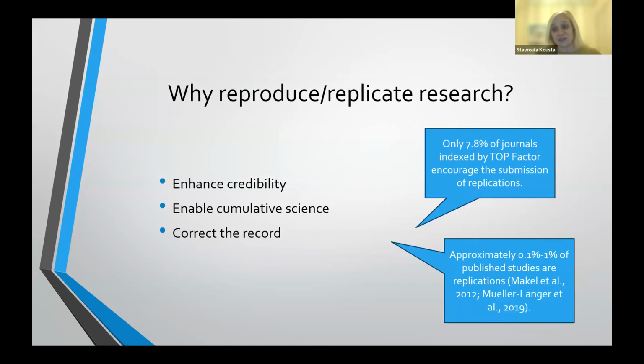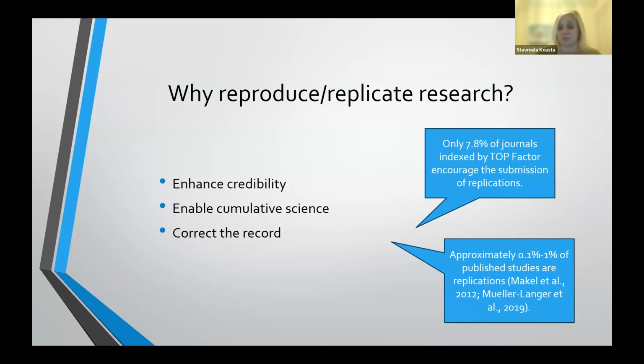So Lucas and Lucas did a wonderful job talking about why replication is important in science for all stakeholders involved. Reproduction is equally important. It allows us to correct the record because using the same code and data to see whether the published findings do actually reproduce is quite important.